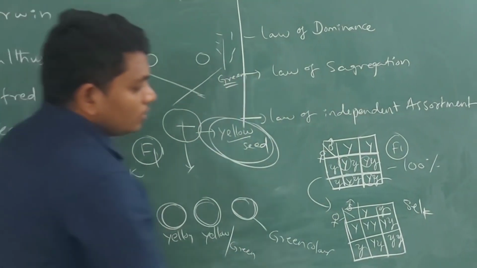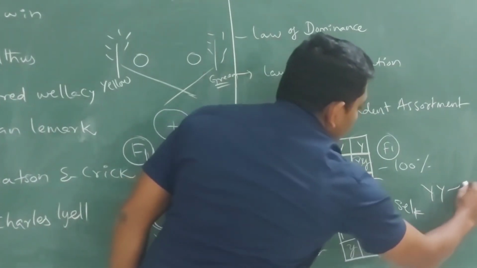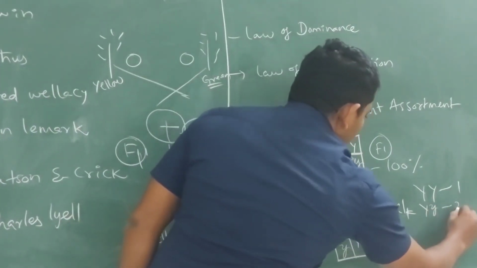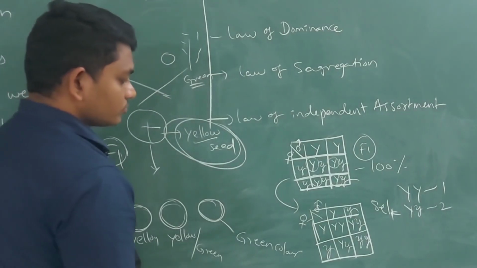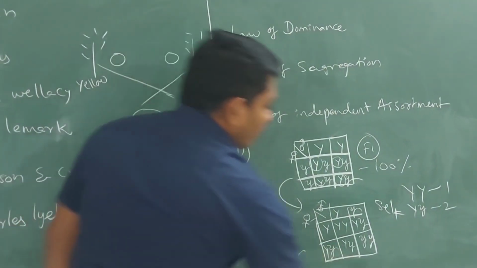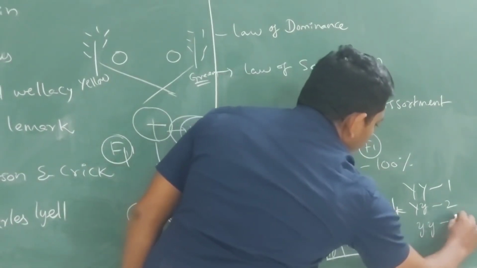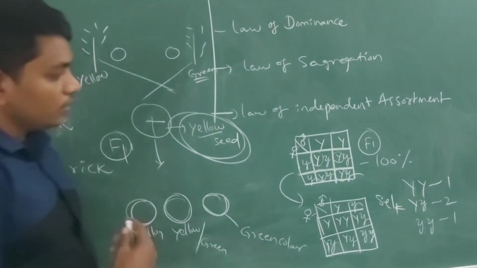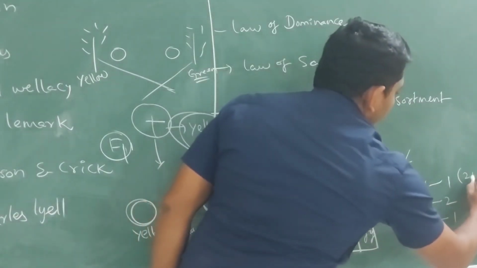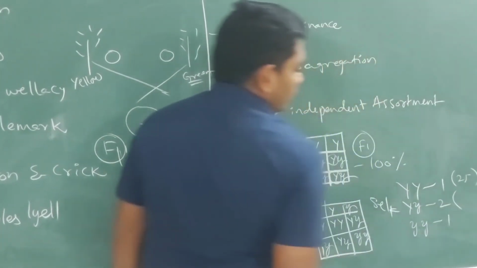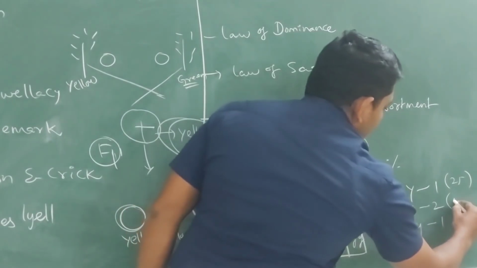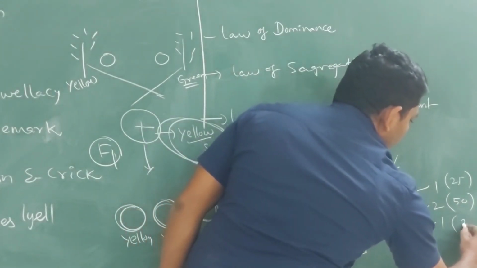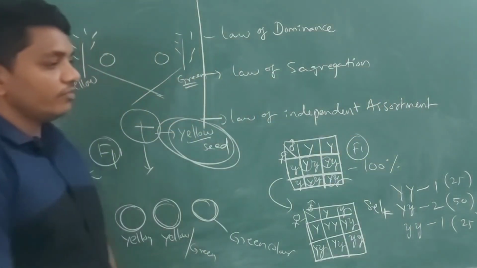Here big YY is 1, big Y and small y is 2, and small yy is 1. Here YY is 25%, capital Y small y is 50%, and small yy is 25%.